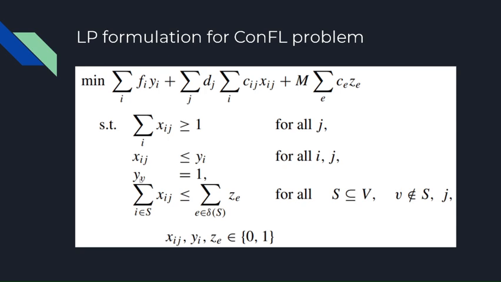Then this is an obvious constraint, because we know that we are going to open a facility at v, so y of v must be equal to 1. And this final constraint is for the Steiner tree.